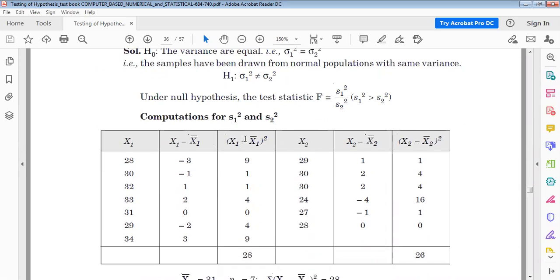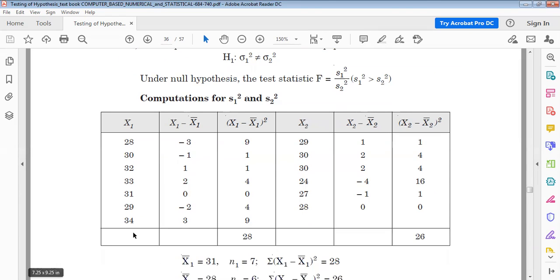Now, to compute S1 square and S2 square, we have to tabulate the samples. First sample X1 and second sample X2, then take the difference from X1 bar. How do we calculate X1 bar? Taking the sum divided by 7, we get 31.